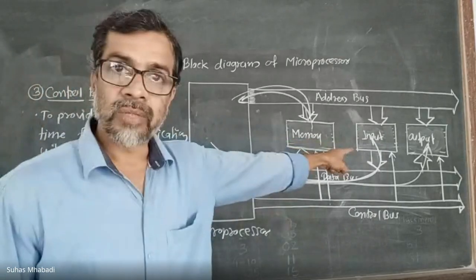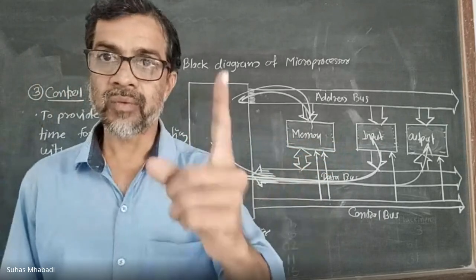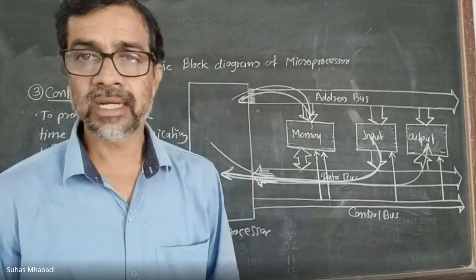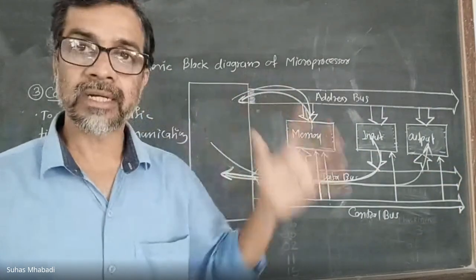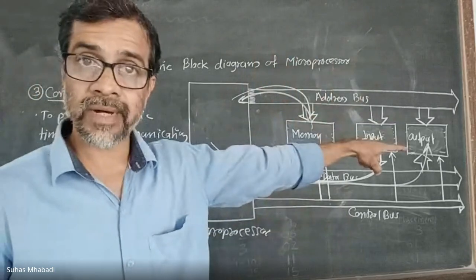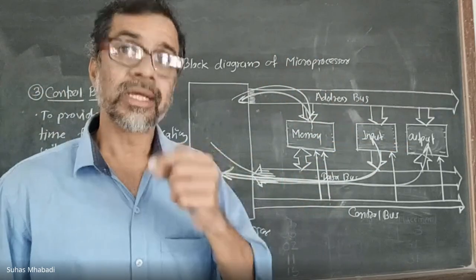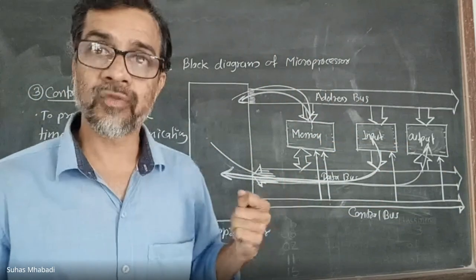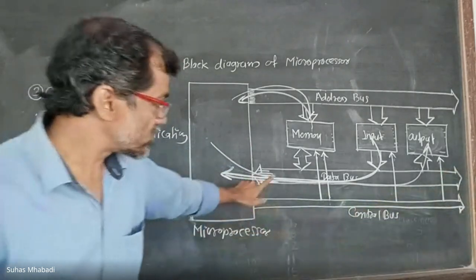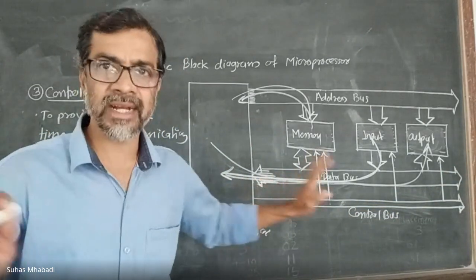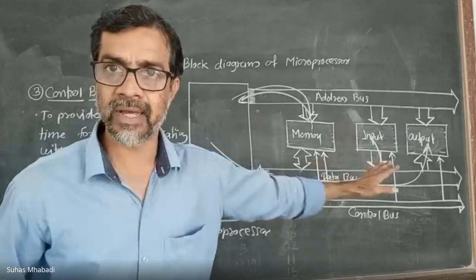So with respect to the input device, we can go for only one operation. That operation is called the read operation. Read data from the input device by the processor. And with respect to the output device, we can go only for the write operation. Data should flow from the processor to the output device. Of course, this is the data bus. It has to carry data, either this way or that way.